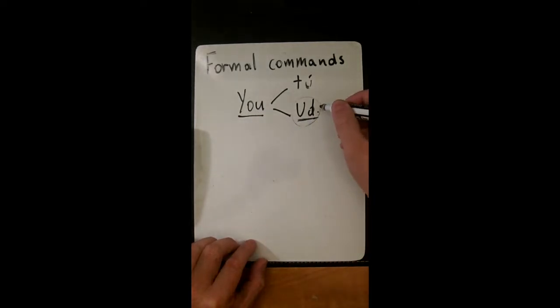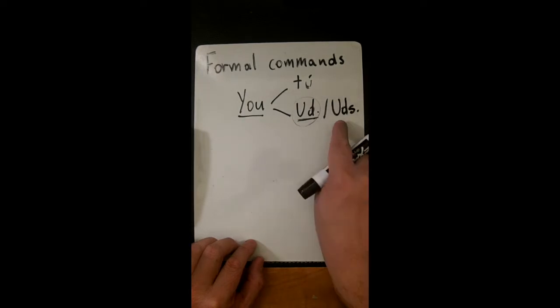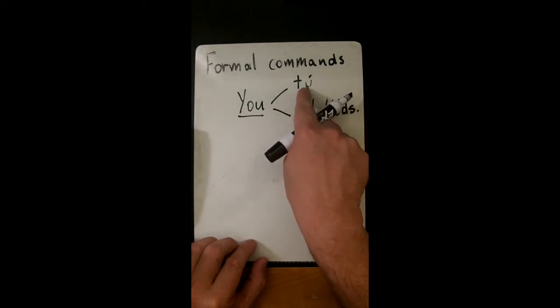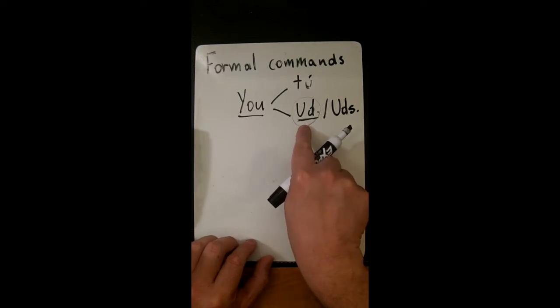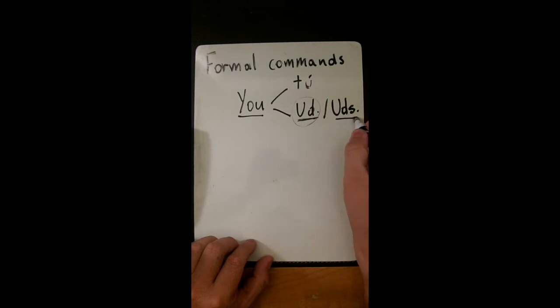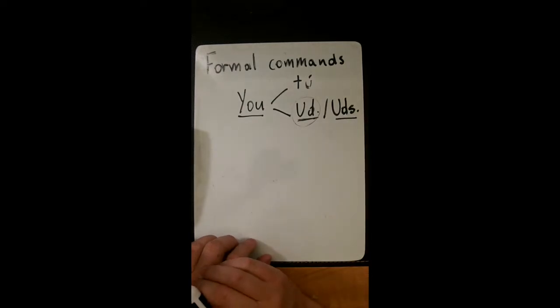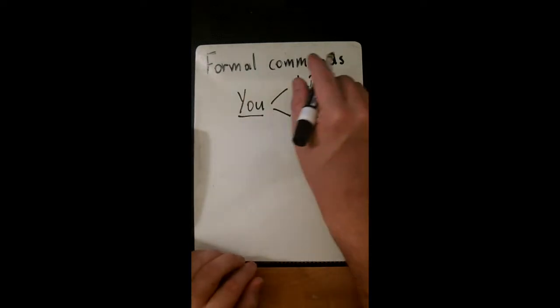The usted is the one that is going to introduce us to the plural. So with the tú I cannot say the plural, but with the usted I can say it in the usted form singular or ustedes form plural. Okay, muy bien. So how do we form formal commands?